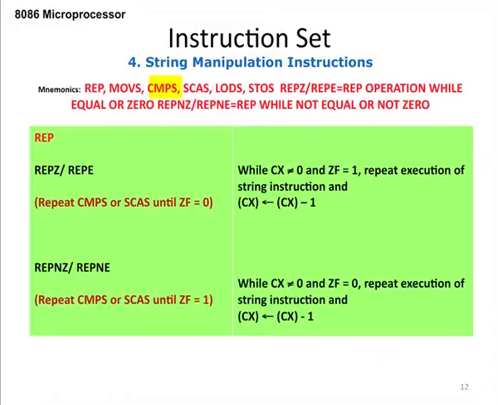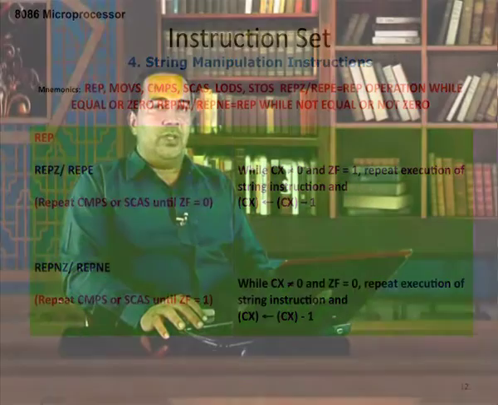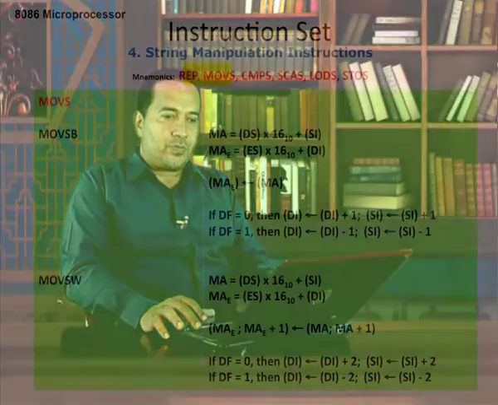In case of REPZ, the operation is performed while CX is not equal to 0 and zero flag is set to 1. Similarly, in case of REPNZ or REPNE, the operation is repeated while CX is not equal to 0 and zero flag is 0. For each operation, the CX, that is the counter register, is decremented by 1, that is CX becomes CX minus 1. The process continues till CX reaches 0.